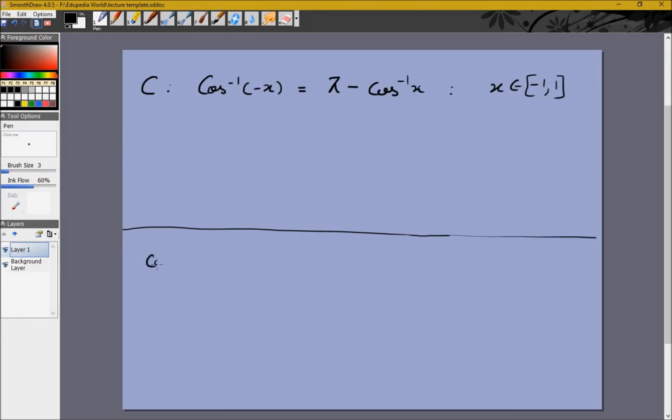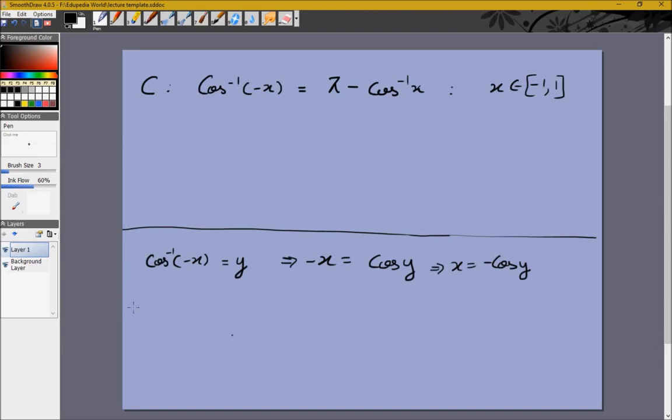Let's take cos inverse of minus x is equal to y. This means minus x is equal to cos y, which means x is equal to minus cos y. Now what happened in the previous case here, x was minus sine y, which just meant that it was sine of minus y. But that's not true for cos x.